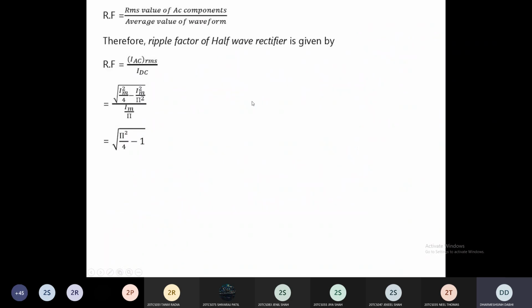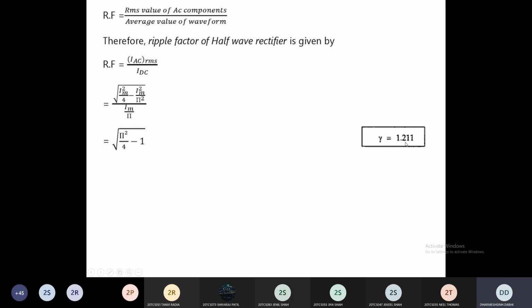Now this is the equation of ripple factor. If you derive IRMS divided by IDC mathematically, finally you get the answer, square root of pi square divided by 4 minus 1. If you calculate this, you get 1.211. So if you convert this to percentage, that is 121% of your DC component.